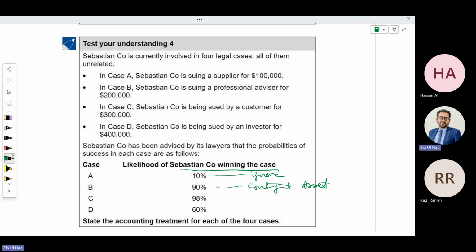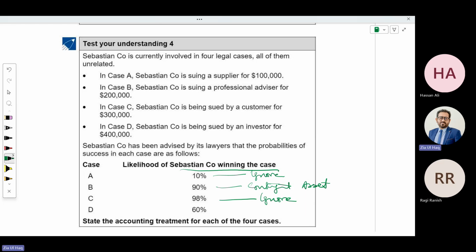What is the chance for economic outflow? Only 2%. Remote. Less than 5%. Made the mistake.